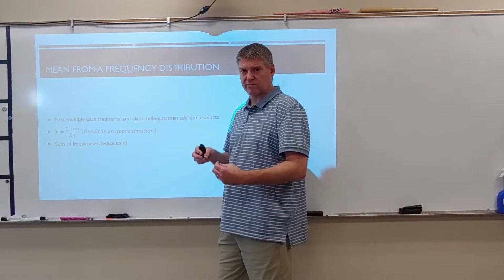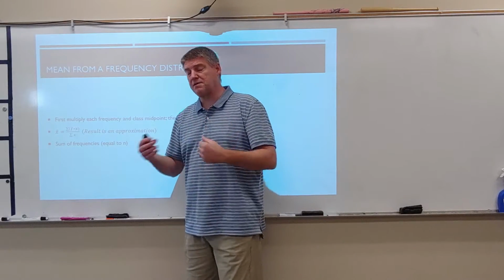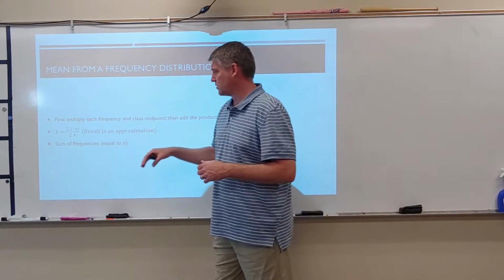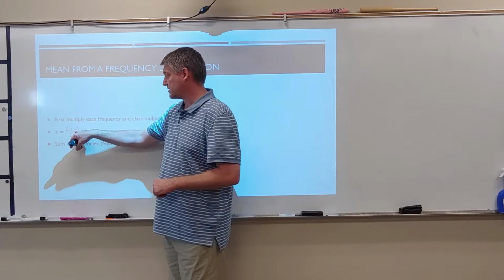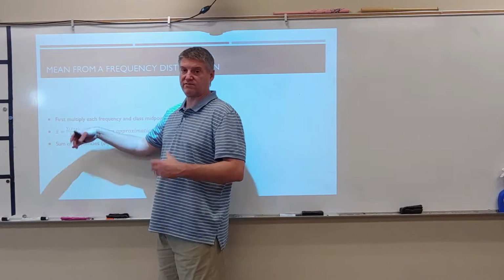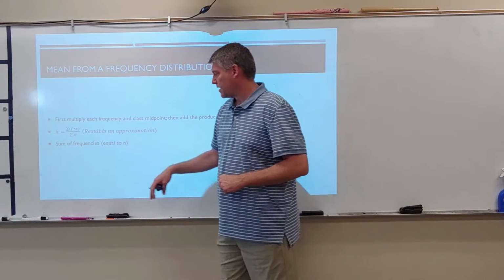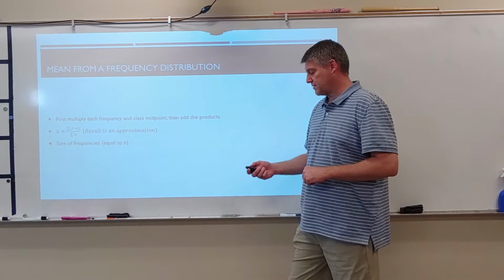If you remember, our frequency would say we have between 5 and 10, 5 values. So we take the midpoint of that, 7.5, times the frequency, 5, divided by the sum of the frequencies. This results in an approximation, and the sum of the frequencies is equal to n.